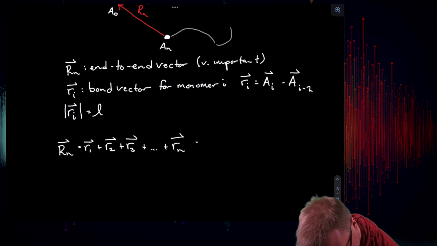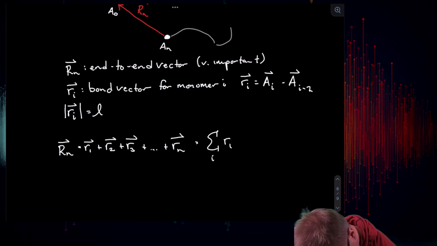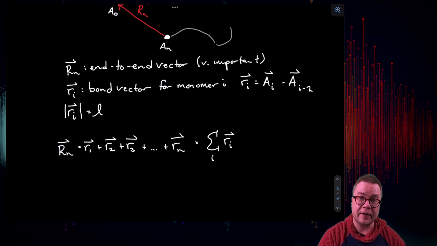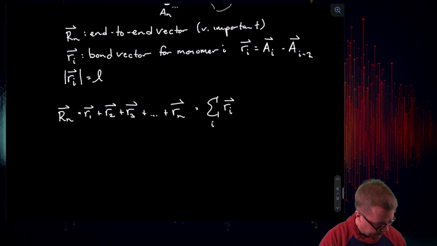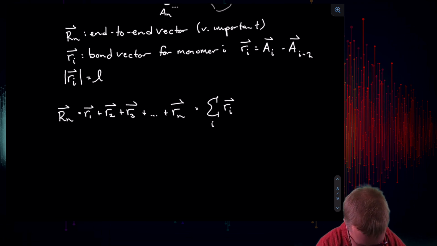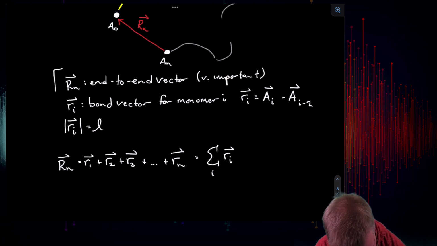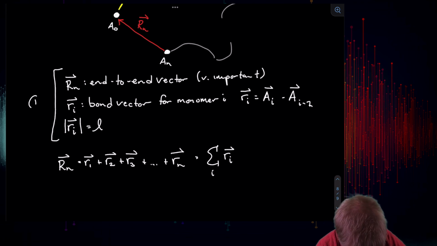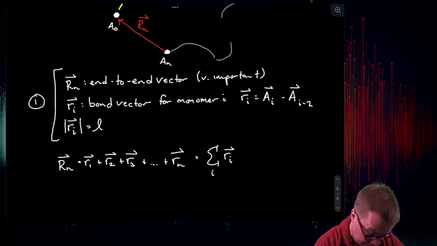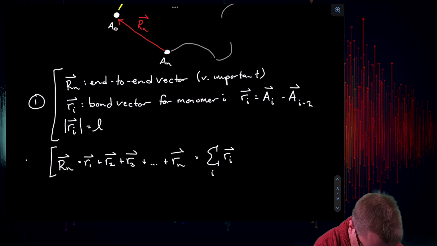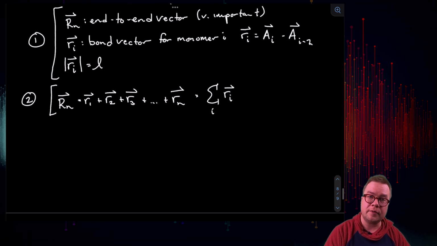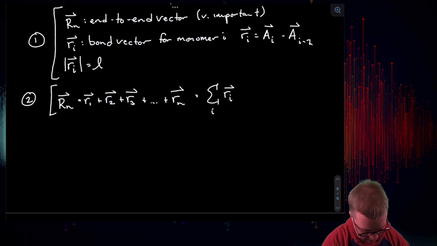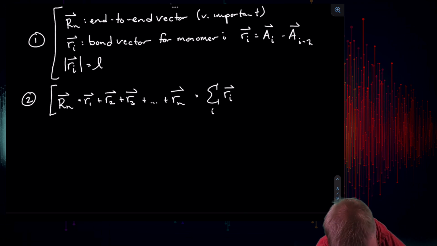So in other words, the end-to-end vector is going to be the summation of all of the bond vectors. Finally, okay, so this is our first kind of condition for this. Our second one is how we're going to define the end-to-end vector. So we'll sum up all of the bond vectors.